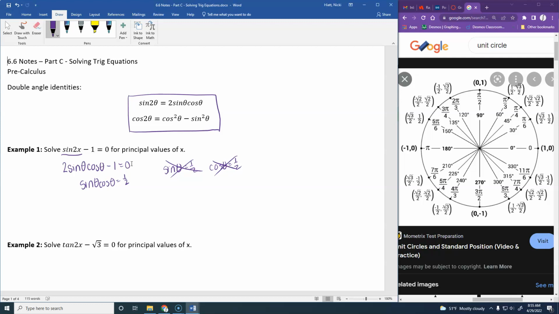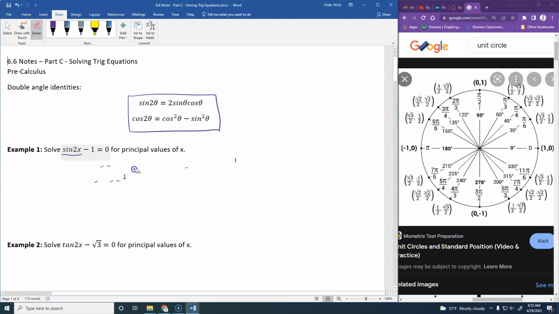Right? I can't do that with the actual number. Because here I'd have to think about where is sine times cosine going to give me 1/2. And that's not necessarily the easiest to do. So this is a particular problem where we could apply that identity, but it's not going to get us anywhere.